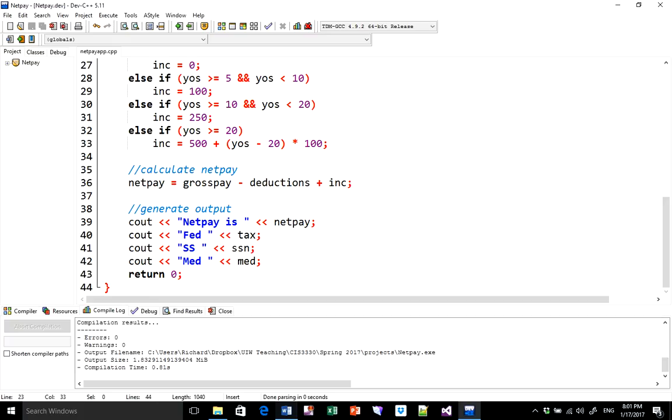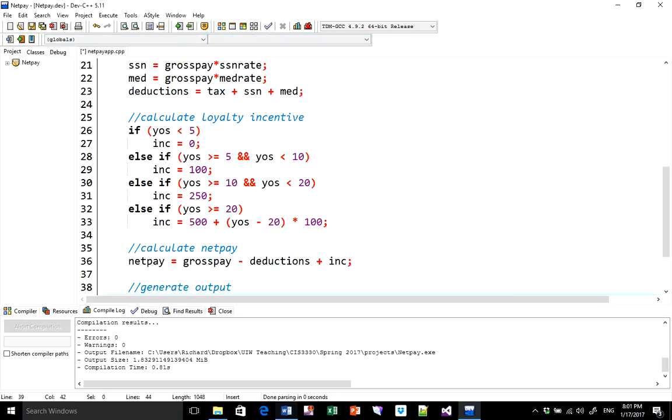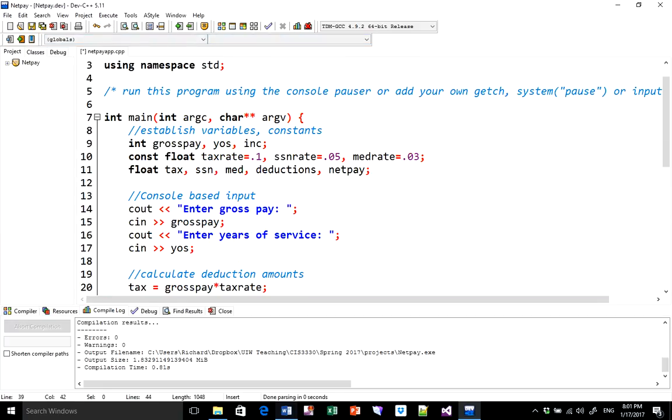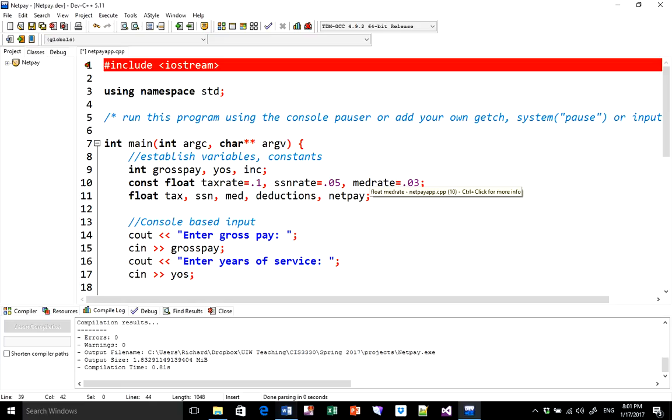Let me just make this. Do you have one called med and med rate? Yeah, no, it's the actual. It's multiplying it by that instead of taking it.